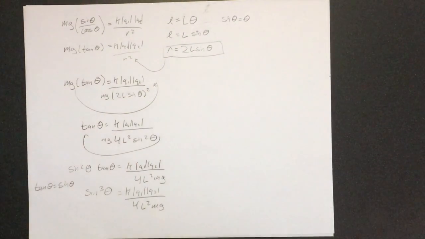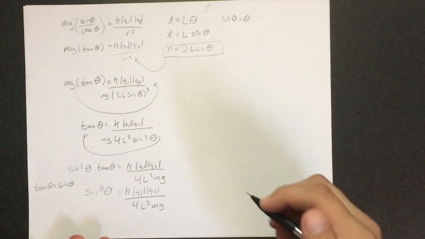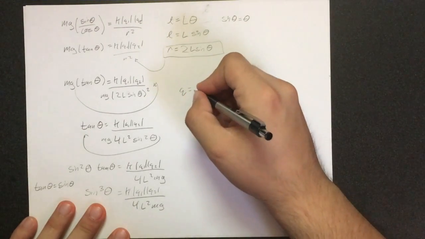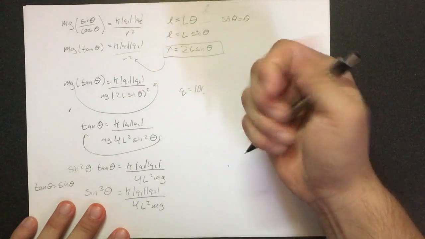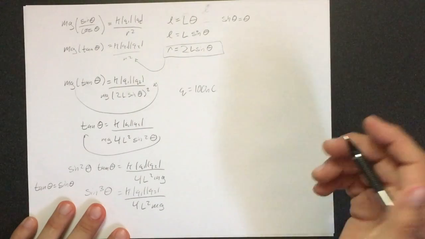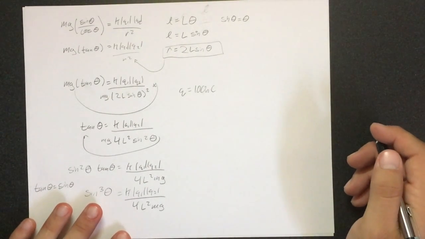Now, first things first, we're going to be converting our charge values, Q, which is 100 nanocoulombs, to coulombs. The reason is because we want to use the SI values.